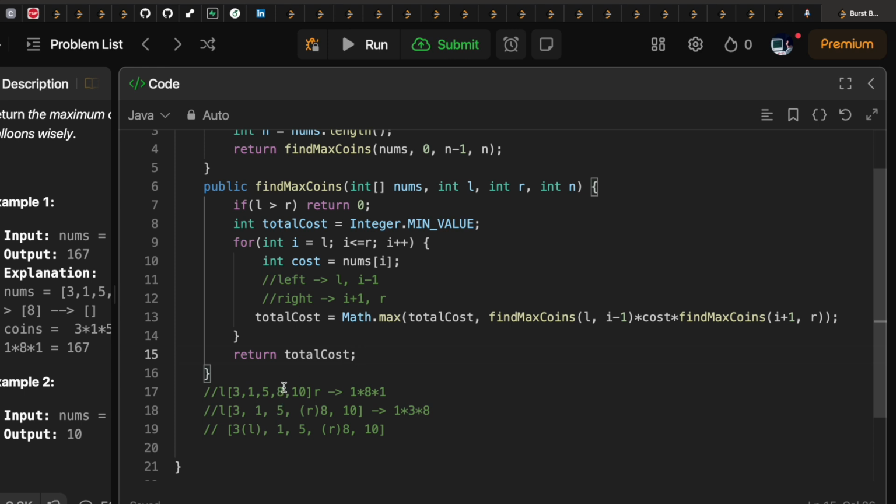Initially, at last we burst 8, so there will be nothing on left and right.